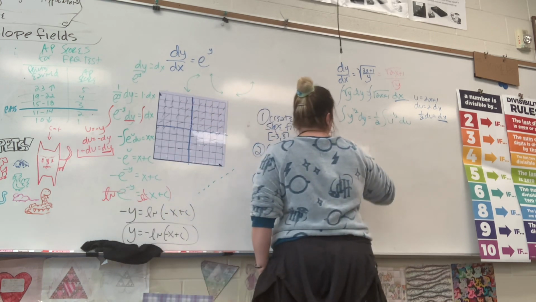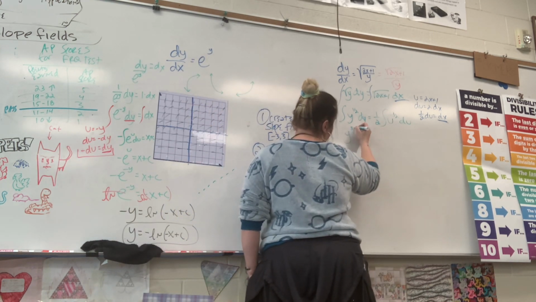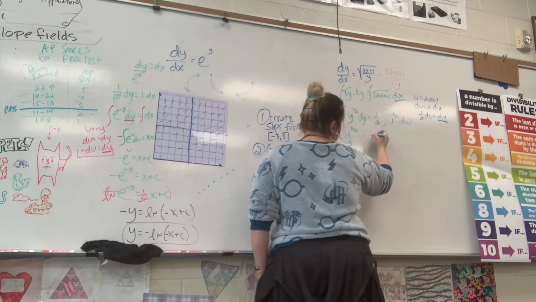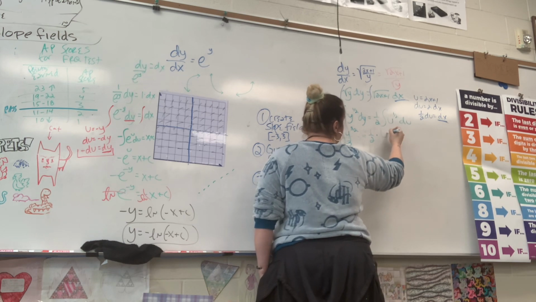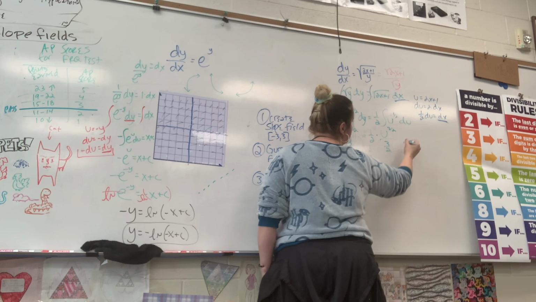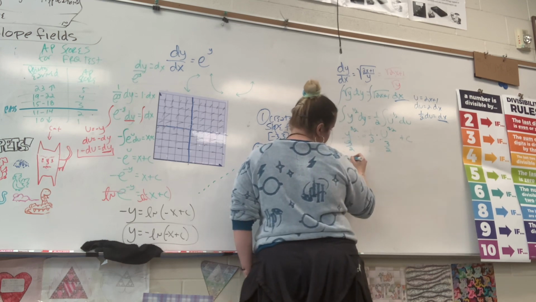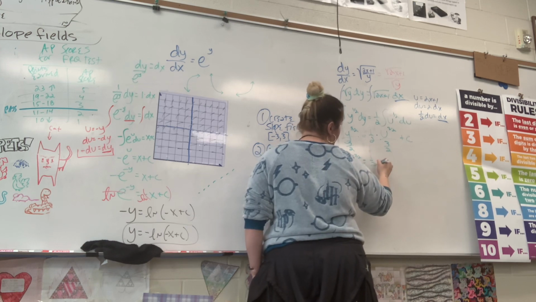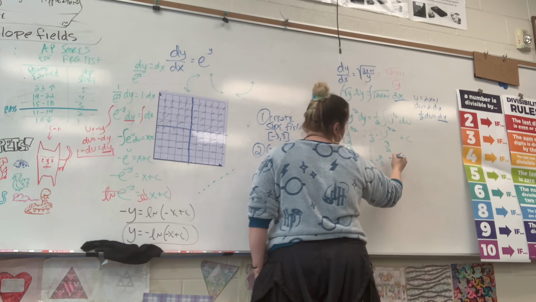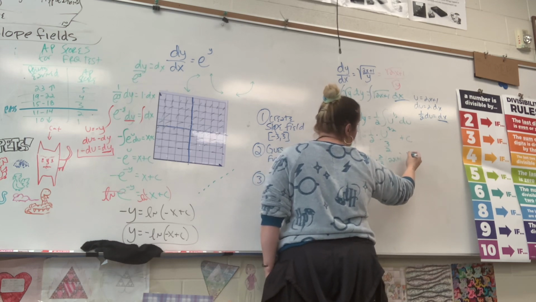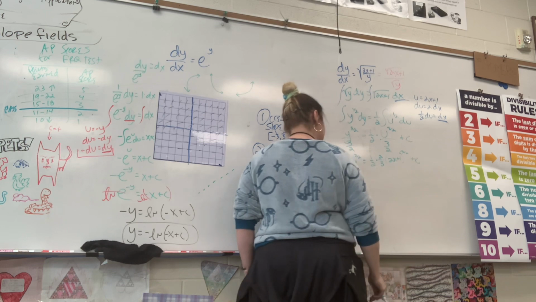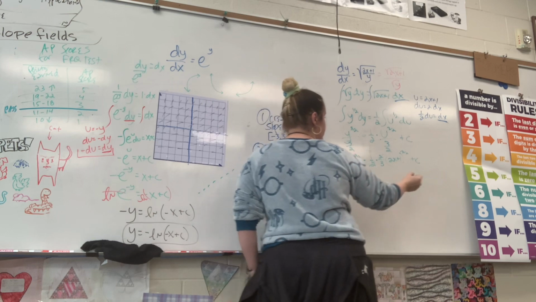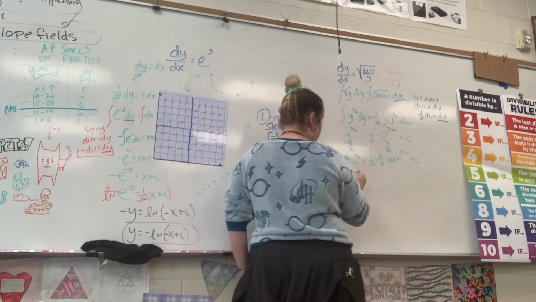Okay. So then y to the 3/2 over 3/2 equals 1/2 times u to the 3/2 over 3/2 plus c. So I'm going to keep, change, flip, and plug my u back in. So the 2's cancel here, and I'm going to get rid of the 3's by multiplying everything in the problem by 3.